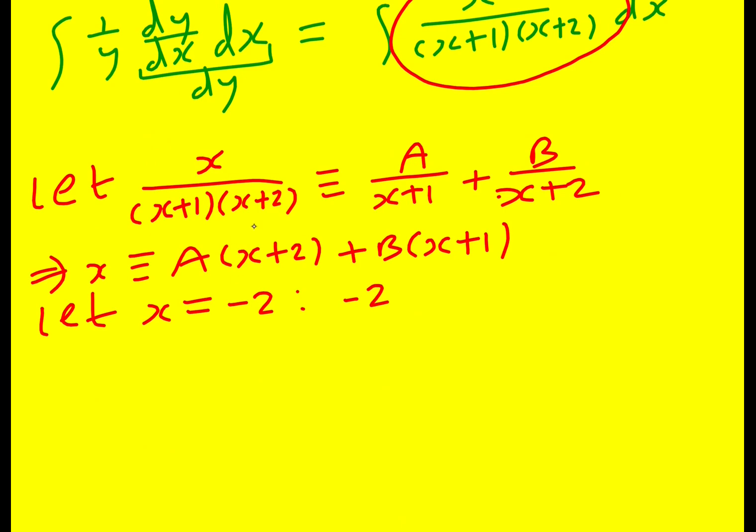We let x equal minus 2, then this term disappears. We get minus 2 equals minus b, b equals 2. And then x will equal minus 1, minus 1 will equal a. So we're sorted.